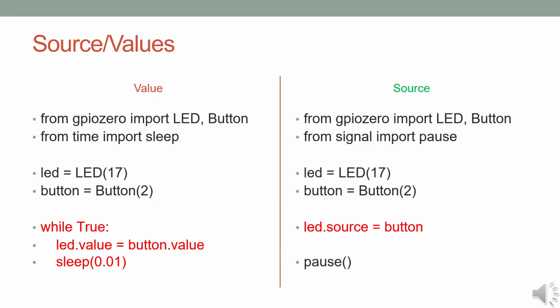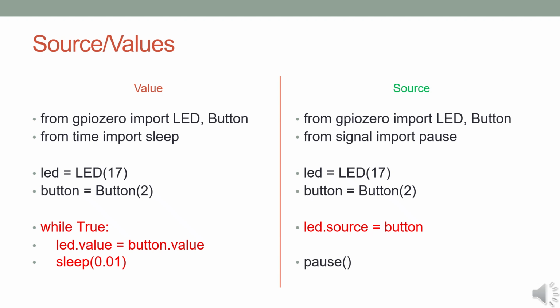Once this link is established, the LED automatically updates whenever the button changes, without the need for a manual loop. The pause function simply keeps the program running while the gpiozero framework handles the updates in the background. This is more efficient than the .value loop because it removes the constant polling and delegates the work to the library's event-driven system. It also produces cleaner, shorter, and more readable code.